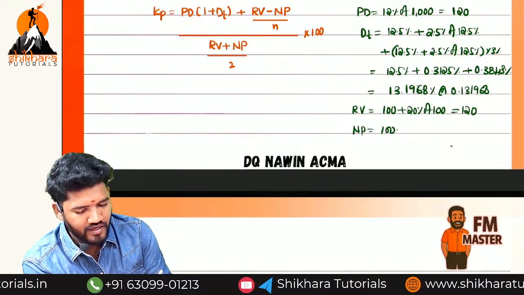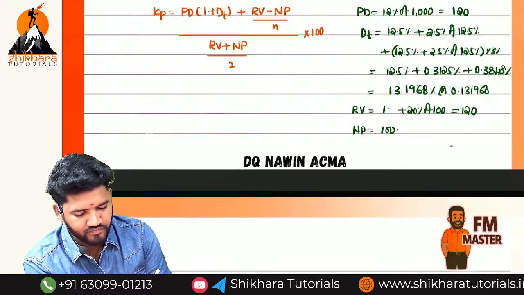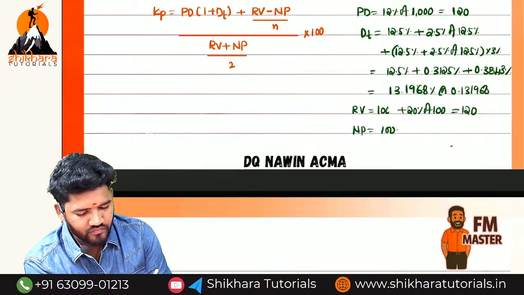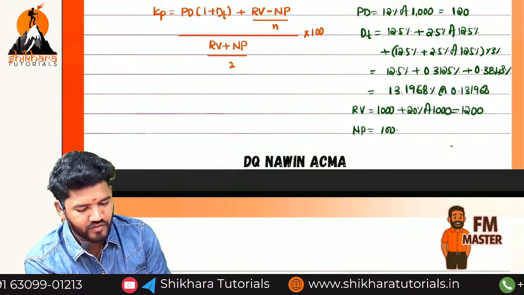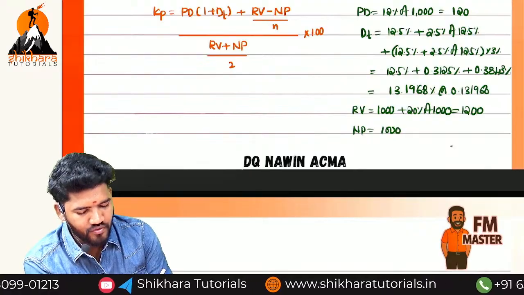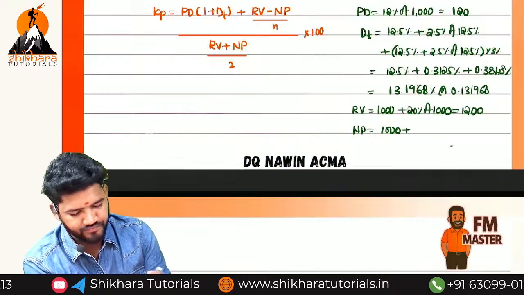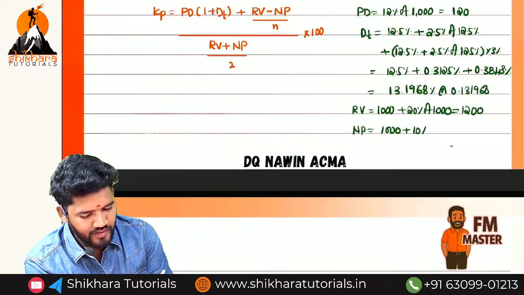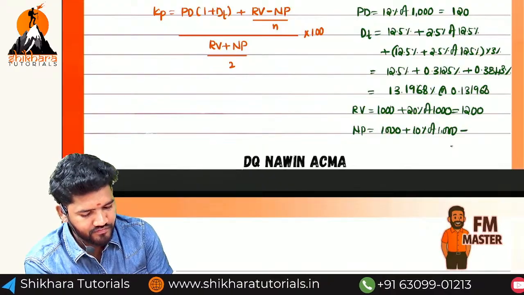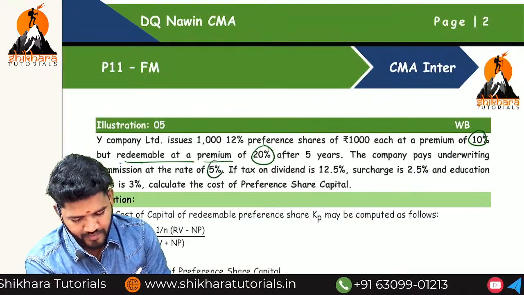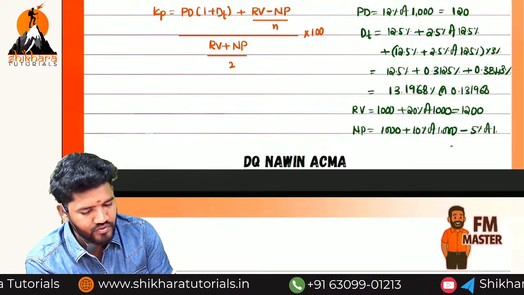1,000, this one? 1,000. 1,200 repayment value. Net proceeds? 1,000 plus premium 10%. 10% of 1,000 minus 5%. 5% of 1,100.